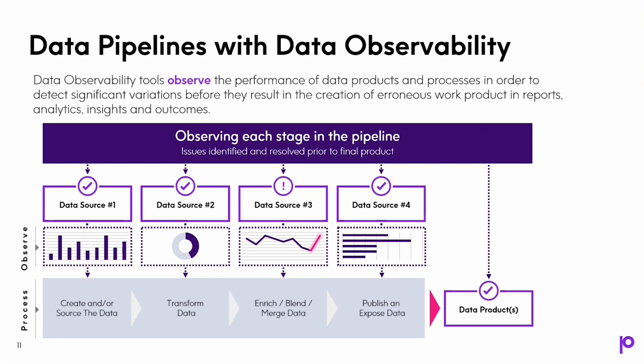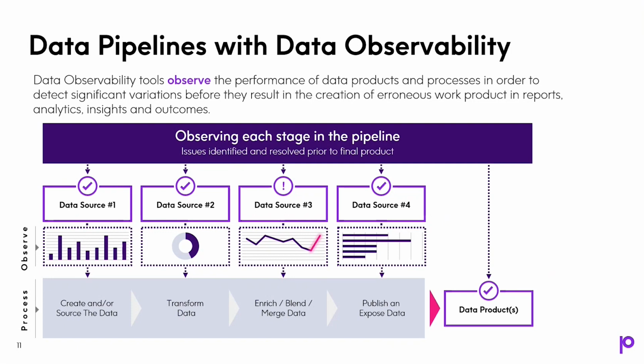What that means in this example is you see a typical data process that spans multiple data sources and transformations. This is obviously a simple view, but in reality, there could be hundreds of different transformations spanning different data sources. And as it moves through the pipeline, it's observed at each stage, ensuring the entire process is stable.